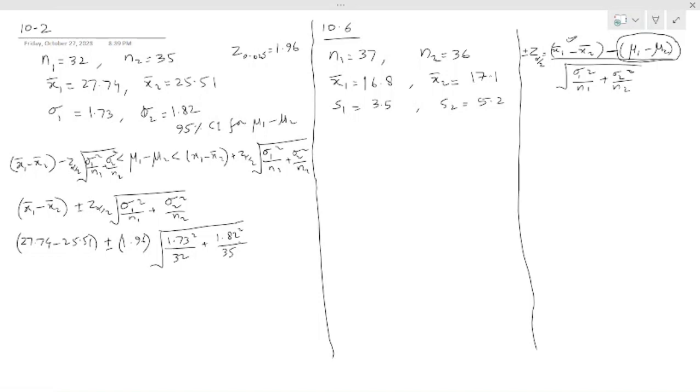That's 0.43378. Multiplying this by 1.96 gives you 0.85 as the factor to be added to or subtracted from the mean difference. Now the mean difference is 27.74 take away 25.51, which gives you 2.23.